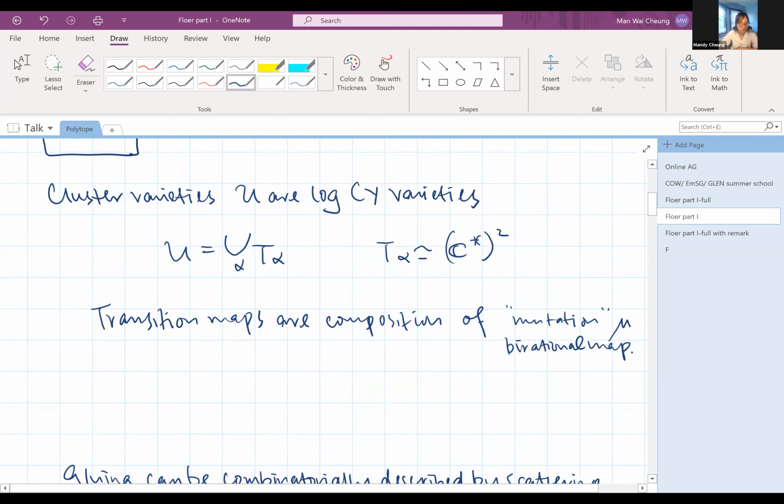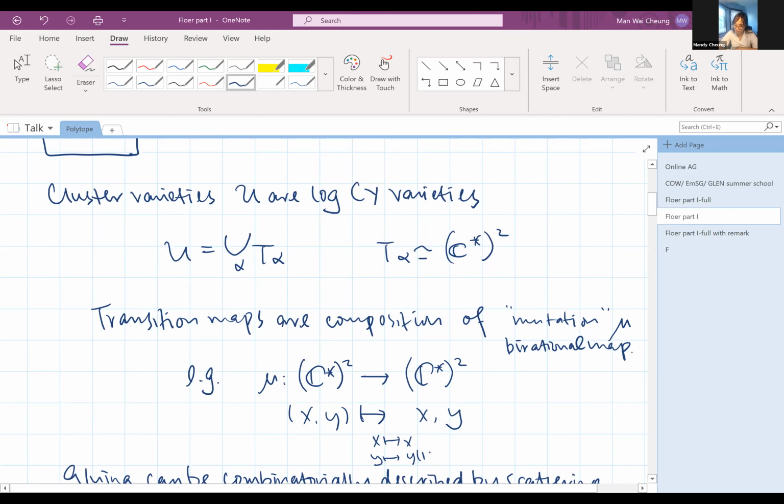As this talk is entirely example based, I'm not going to give you a full definition, but just one example, which actually appeared in both Mark and Julia's talks and in the wall-crossing computation already. We have the map of x and y. If you remember in Mark's calculation of the scattering diagram, he has x mapping to x times some wall function, y times 1 plus x or so.